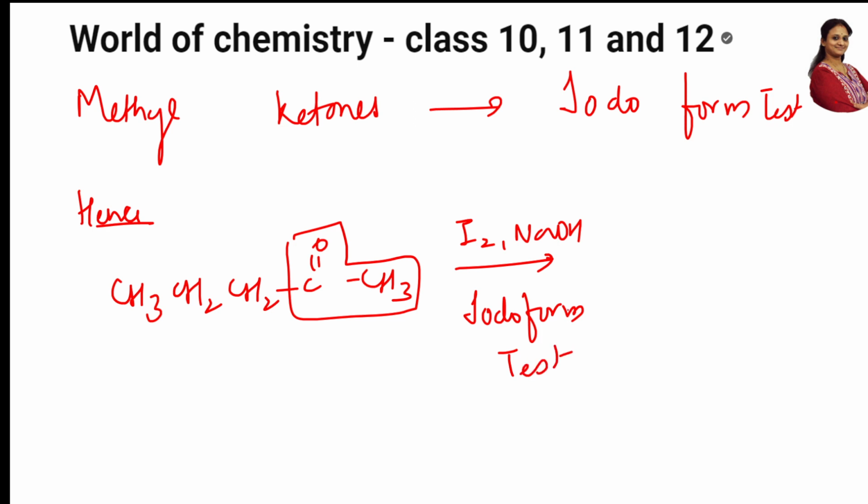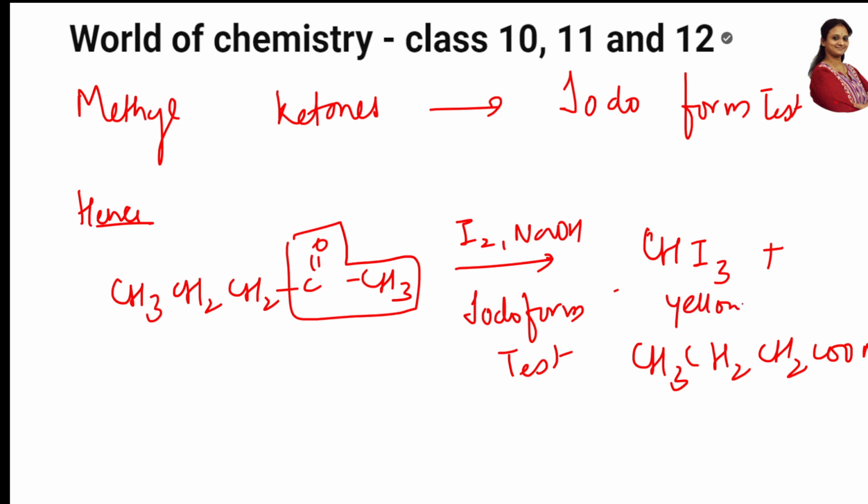One product is the yellow precipitate of iodoform, and since we are using sodium hydroxide, you get sodium butanoate, a salt form. Write it here: sodium butanoate. Right, students?